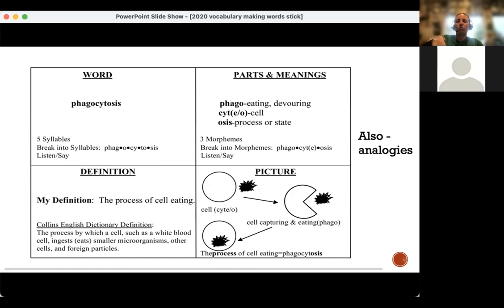We have to draw these words that are horrible for us to remember. To me, now I can, maybe not, but I can kind of explain what this means, right? Just by looking at that picture, I get an idea of what's happening here, right? That's really important. I think a lot of textbooks do that a little bit, but certainly if you make your own interpretation of it in your own way, it'll make a lot more sense.